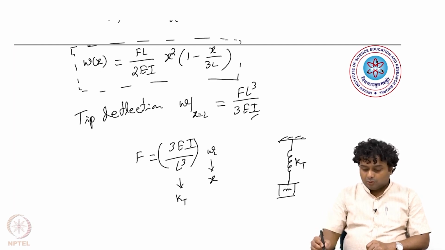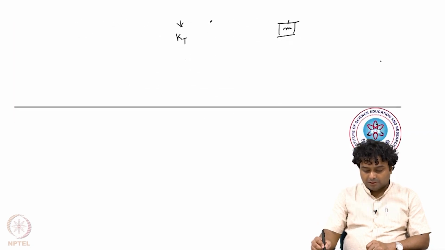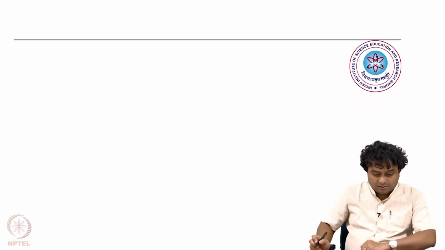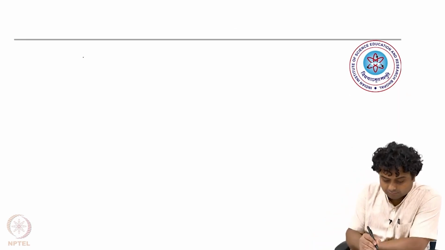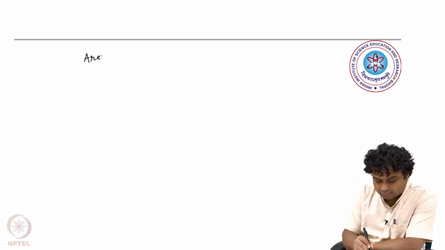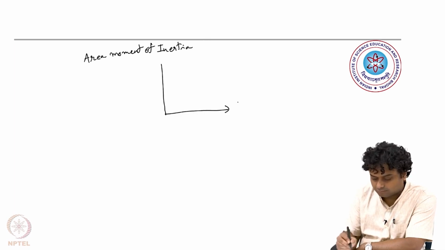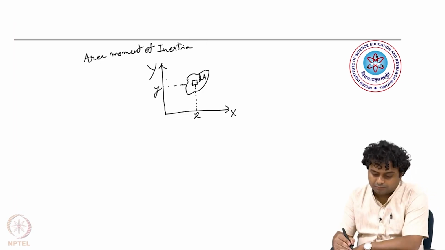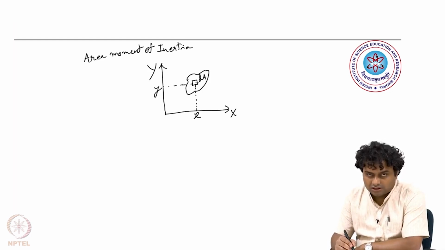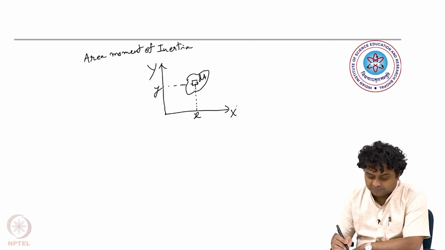Okay. Now, what do you mean by that? So, I will explain a little bit on the area moment of inertia. Let us assume that this object or this area is at a distance x comma y in this rectangular coordinate system.